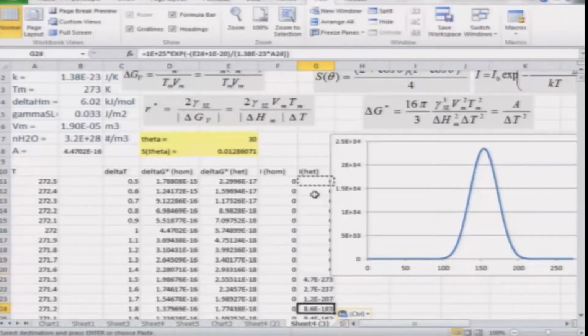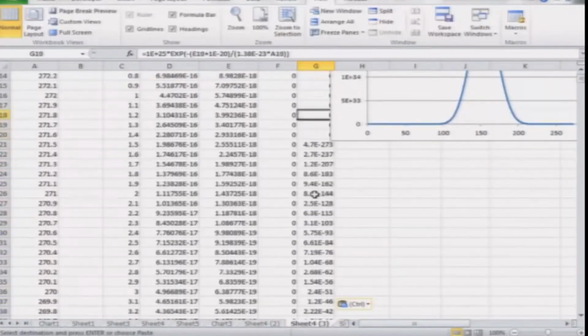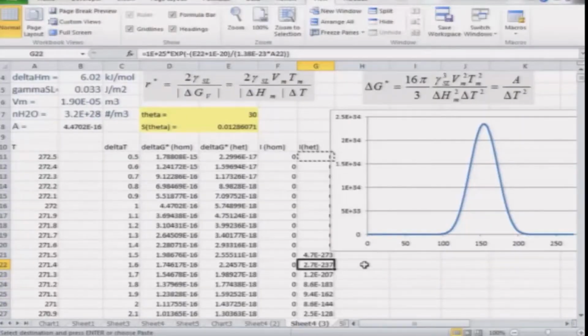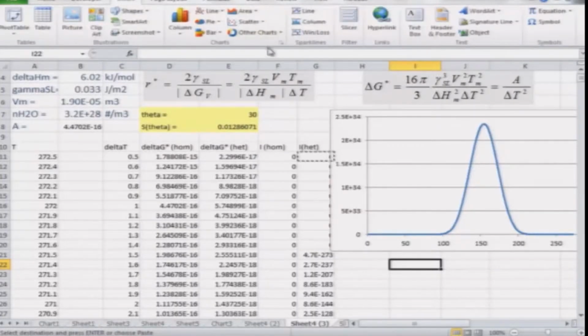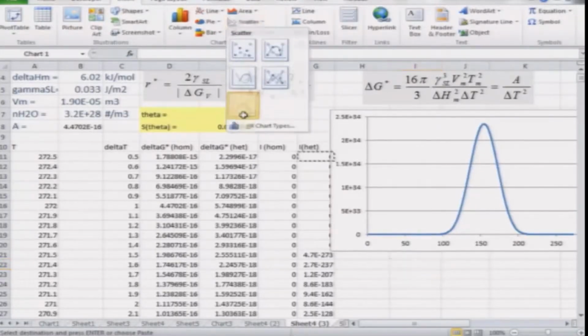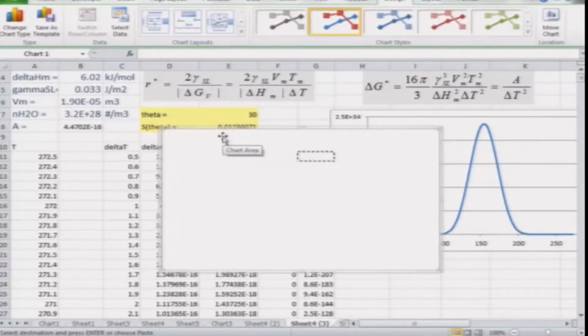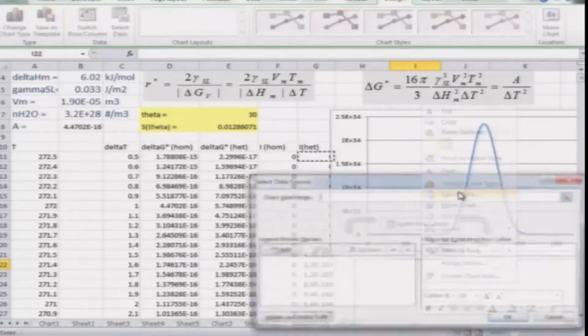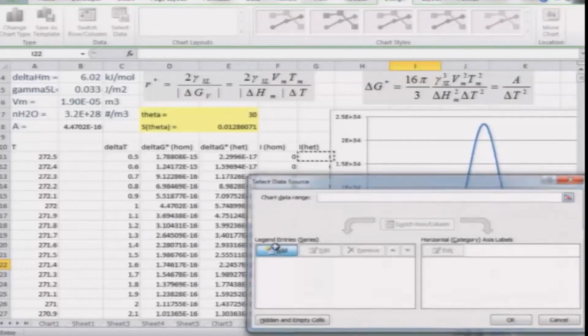So here we have now the nucleation rate values for different undercoolings in this column. And let me also plot this and have a look at how these values show up. So I go to insert, go to scatter plot, let me move this here and select data, add.